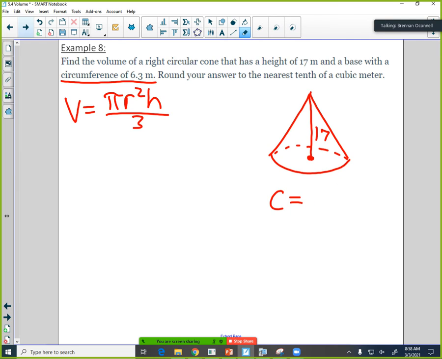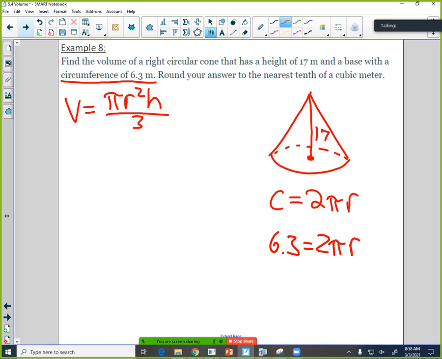There was another one involving radius, and that was 2 pi times the radius. So let's plug in what I know. The circumference is 6.3, so 6.3 equals 2 pi r. Pi is just a number. 2 times pi is just a number.